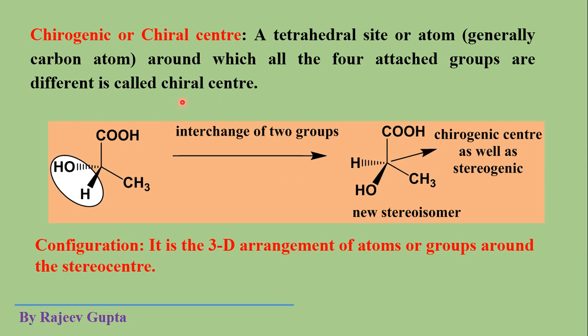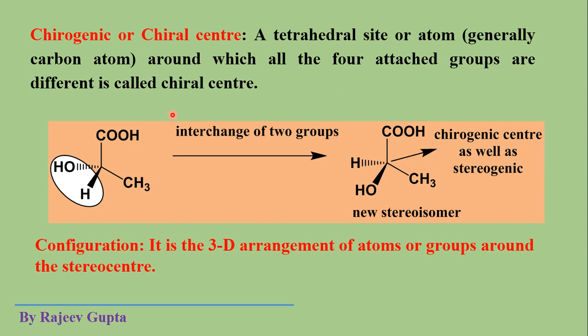So this is our topic. There are four types of elements of chirality as we read before: chiral center, chiral axis, chiral plane and helicity. In today's talk we learn about chiral center and its CIP nomenclature.